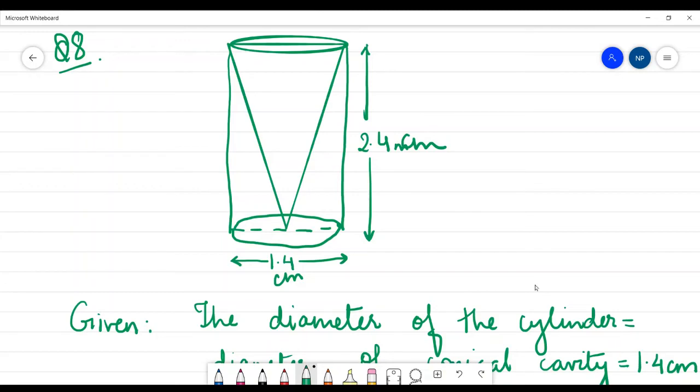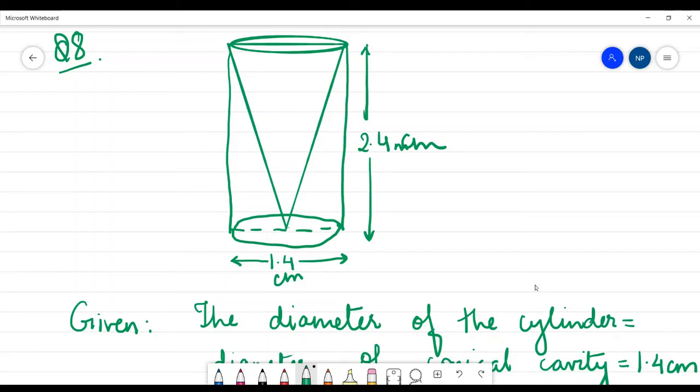That means this is the particular cylinder. From the cylinder, a conical shaped cavity, that means a hollow, is formed by taking it out in the shape of a cone. So the cone's height is also 2.4 centimeter and the cone's diameter is also 1.4 centimeter, same as that of the cylinder.